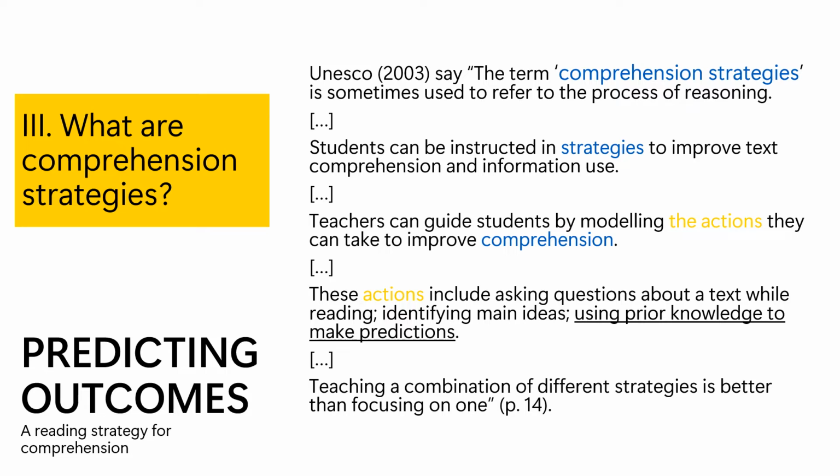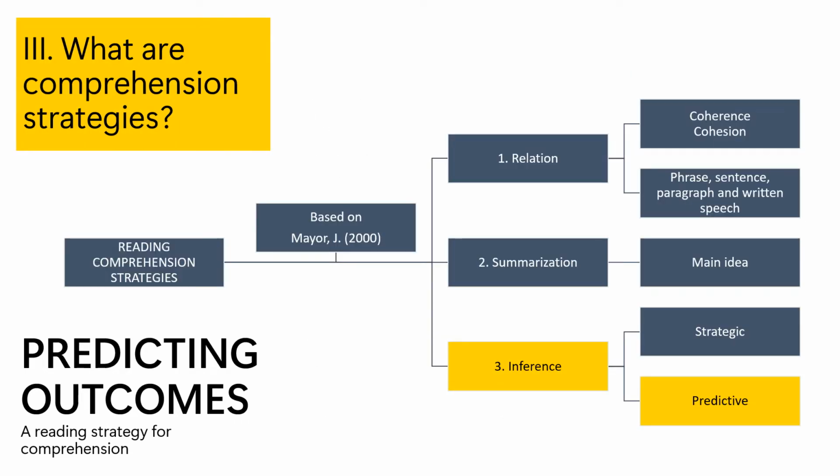Always we are going to listen to the theorists. Teaching a combination of different strategies is better than focusing on one. This is just one of the points of view about reading comprehension. According to Isabel Solé, there are 4 groups of strategies.